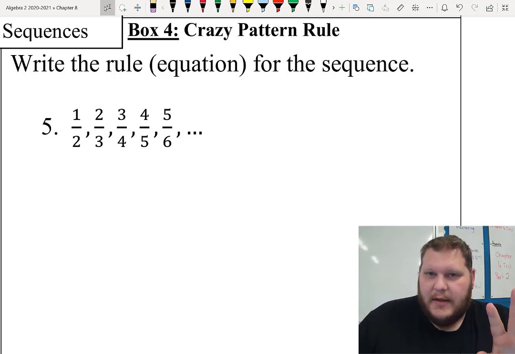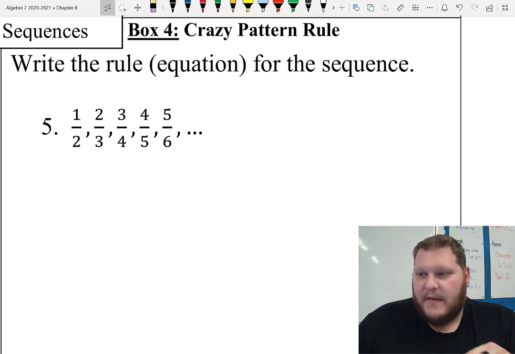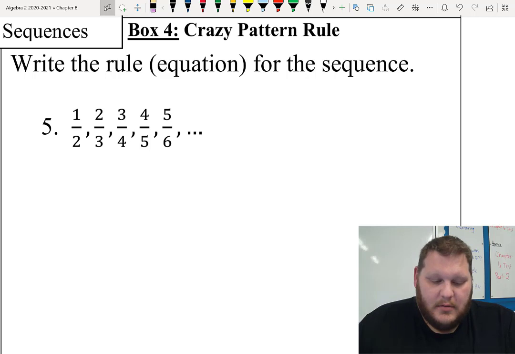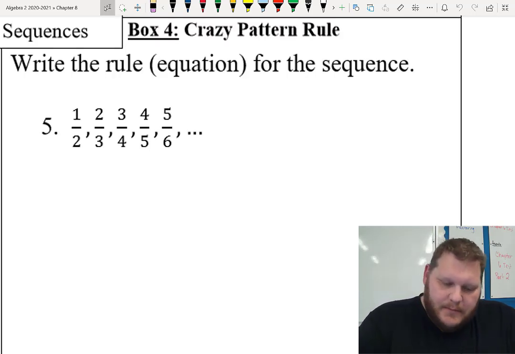So when we're looking at these sequences, and look at number 5, we've got 1/2, 2/3, 3/4, 4/5, and 5/6. Now, a lot of us probably recognize 1, 2, 3, 4, 5 up top, 2, 3, 4, 5, 6 in the bottom. But trying to figure out what I would do to get from one to the next in my sequence might still be a little bit confusing to us.